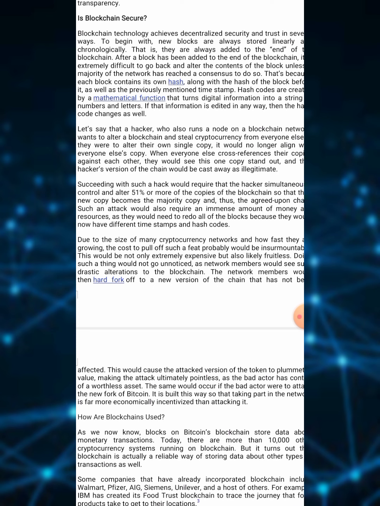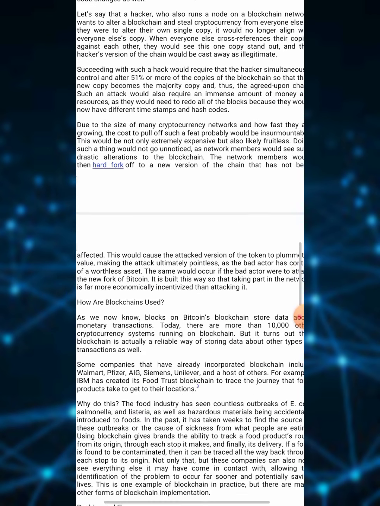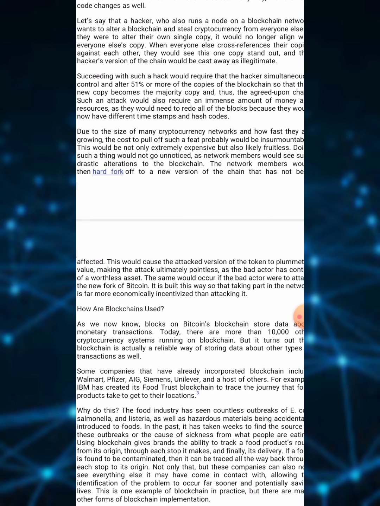So for the hacker to successfully accomplish his mission, he has to alter 51% or even more copies of that particular information within the blockchain space. And that would not be easy because it's going to require a massive amount of money and resources.